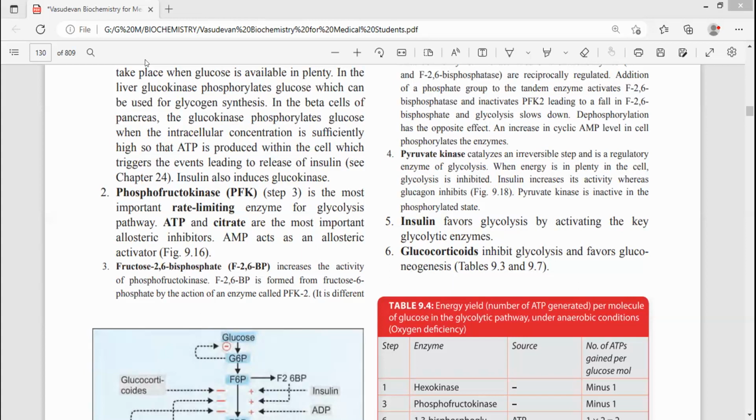Why? Because remember, glycolysis, we will produce what? ATP, right? And the body always has that mechanism of negative feedback. For example, with the sex hormones: FSH goes and hits the ovary and produces estrogen.